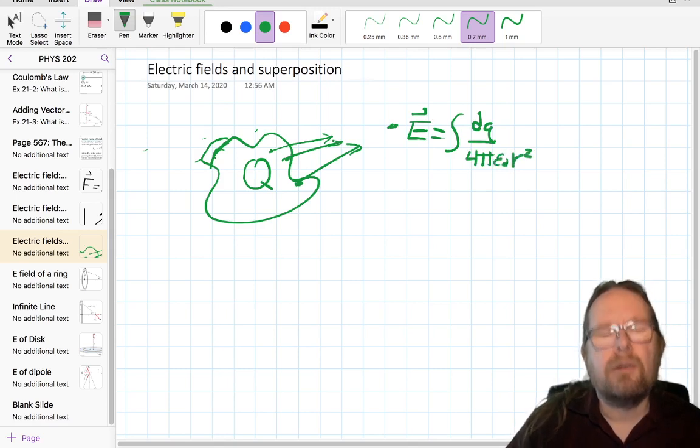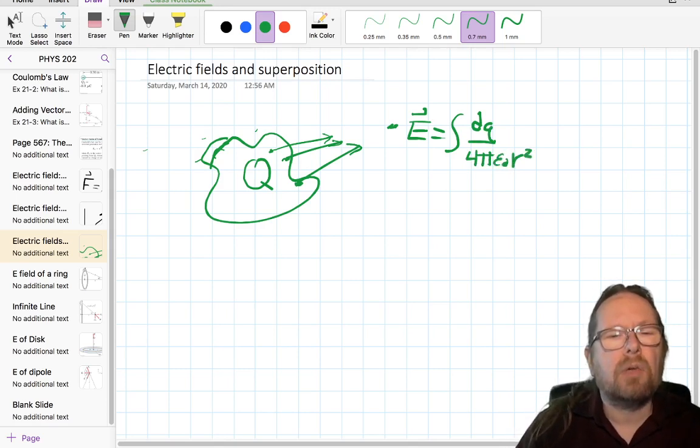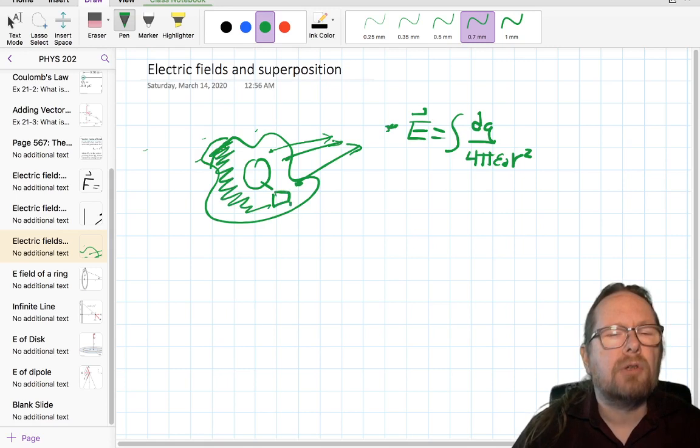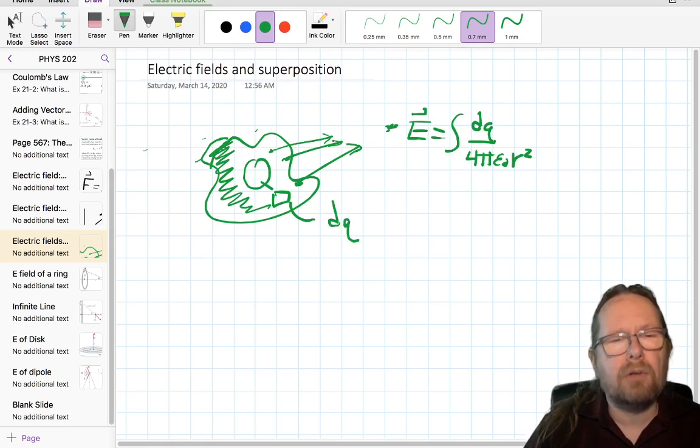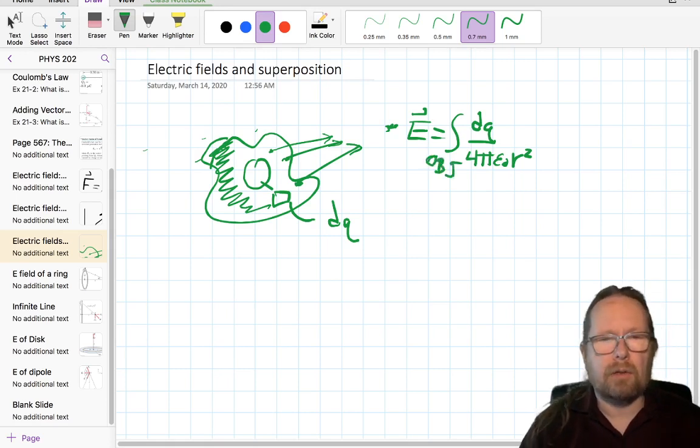In other words, to find the electric field due to a continuous distribution of charge, you have to integrate over all of the little bits of charge dq that make up that continuous object, and you integrate either over the volume or the area or whatever the shape is of the object that you are finding the electric field of.